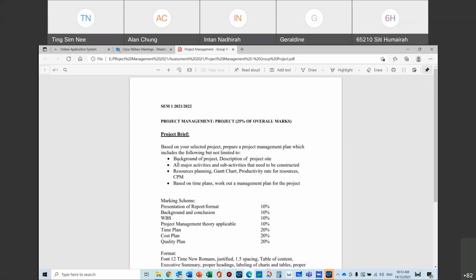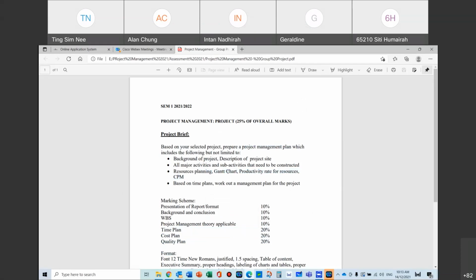When you do this, you can use the same background and the same kind of format later on for your IDP tool when you are asked to carry out this project management plan. In this particular project, it will involve resources planning.